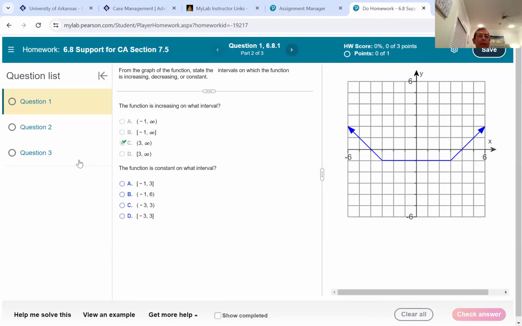So then it says the function is constant on what interval? So y'all, constant is this straight part. So what I want, A, B, C, D, I want the beginning X value and the ending X value.